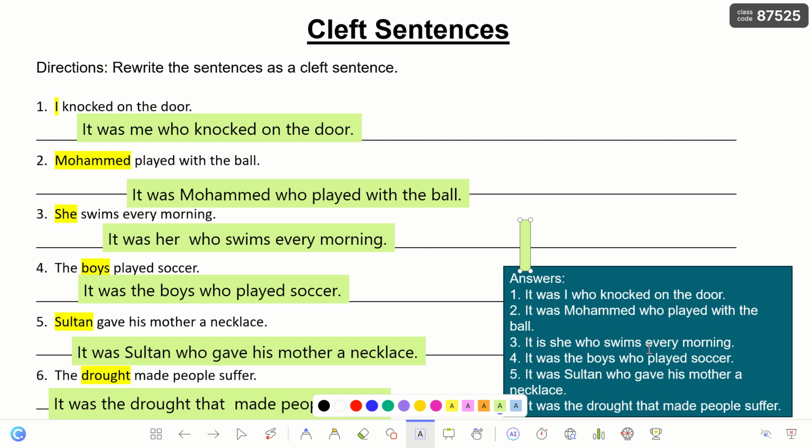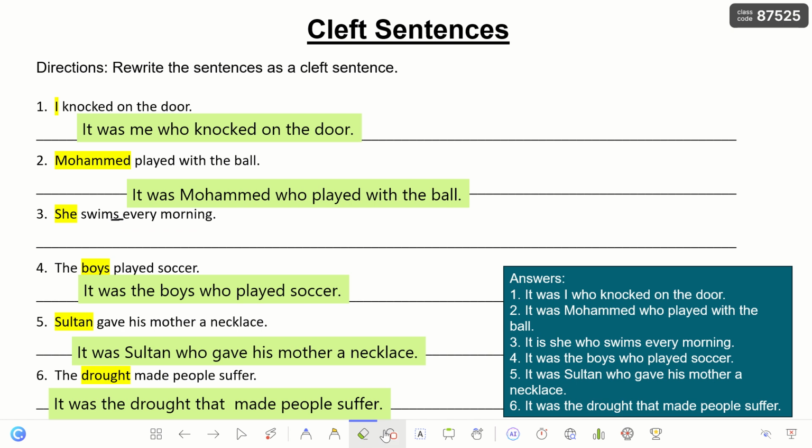It's she who swims every morning. Sorry. Okay, I have to focus. Sorry for this mistake. The verb here is in the present, so I have to pay attention to use the verb in the present. It was she, and also I can say it was her.